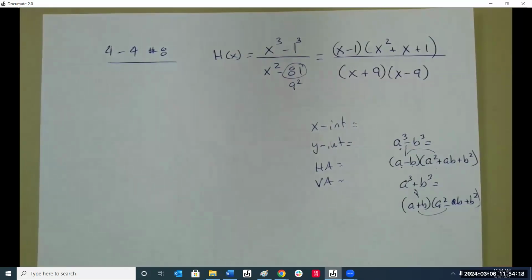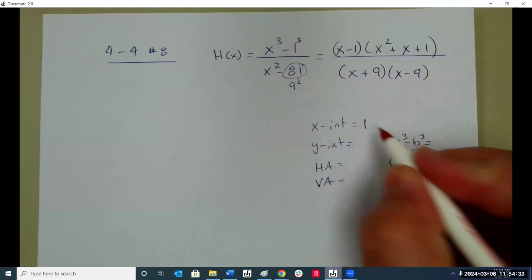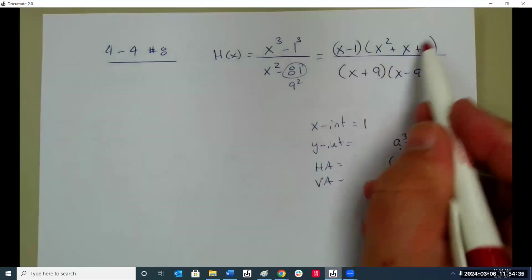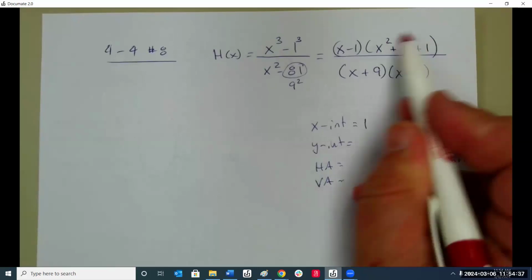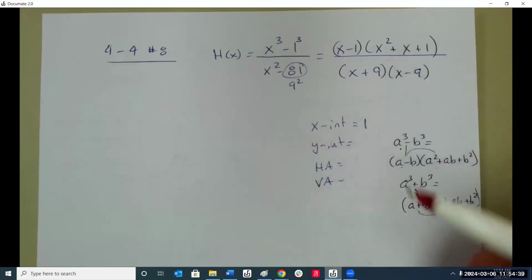How about this now? What is my x-intercept? Yeah, it's just going to be 1. Because it's a top, this is going to give us no solution because it's going to be imaginary.